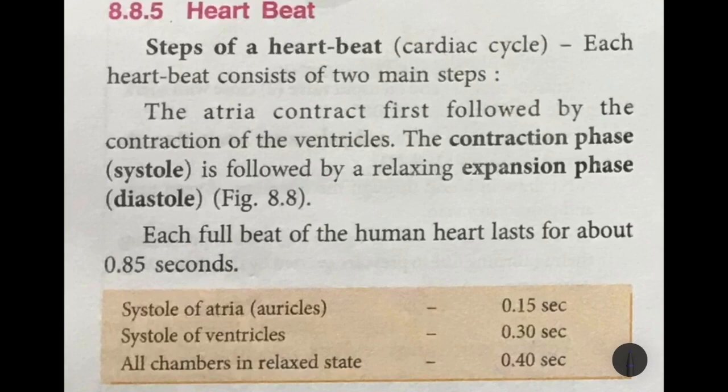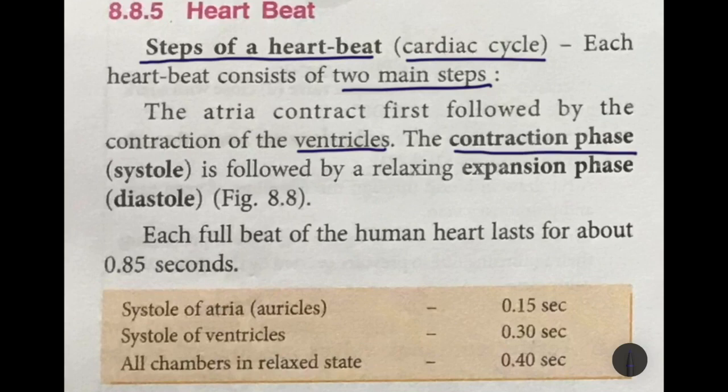So next we move on to the steps of a heartbeat or the cardiac cycle. Each heartbeat consists of two main steps. The atria first contract, as I already explained, followed by the contraction of the ventricles. So the contraction phase is known as systole and is followed by an expansion phase which is known as diastole. Each full beat of a human heart lasts for about 0.85 seconds.